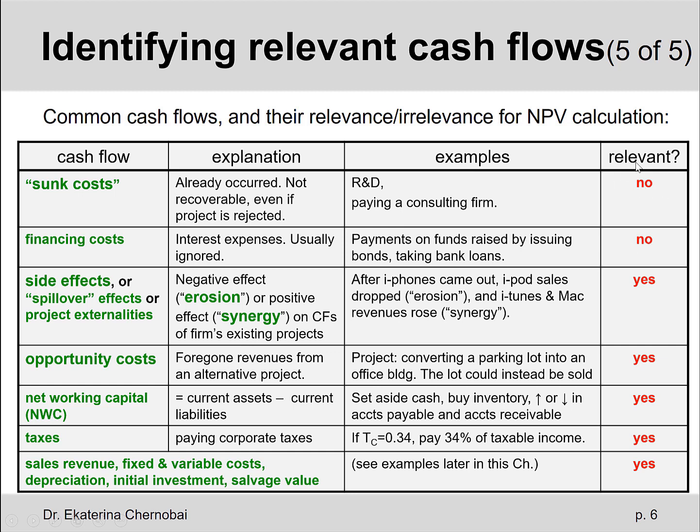No means not relevant, right? So sunk costs are those expenses that have already occurred. They're not recoverable even if the project is rejected. An example includes money paid to a consulting firm to do some sort of preliminary data collection, data gathering and analysis, research and development, R&D, and so on.